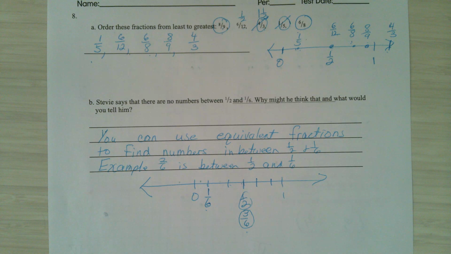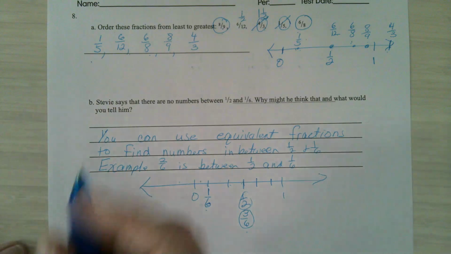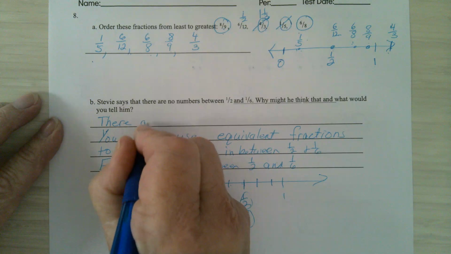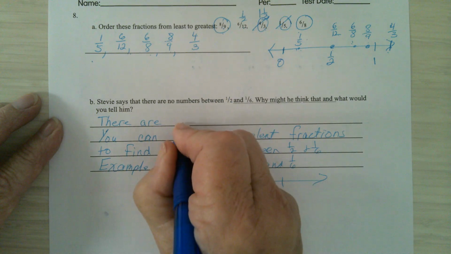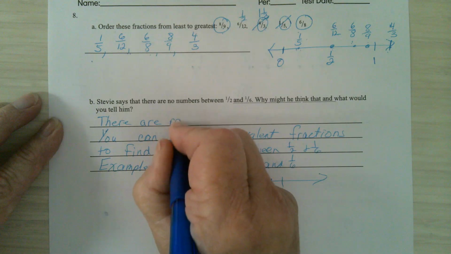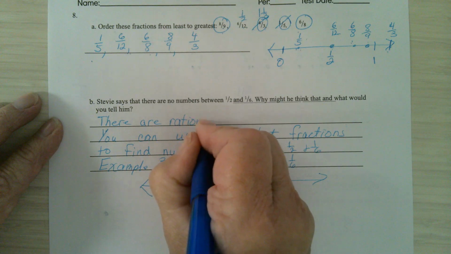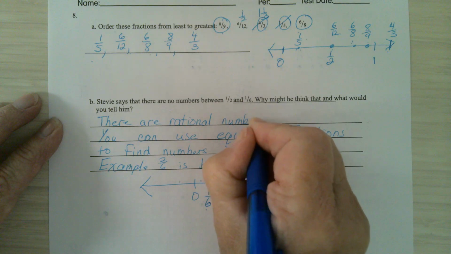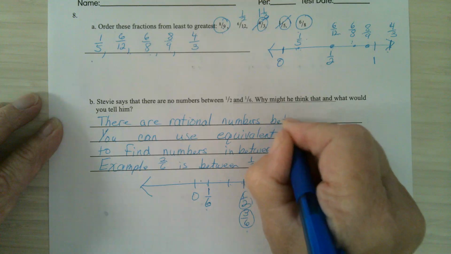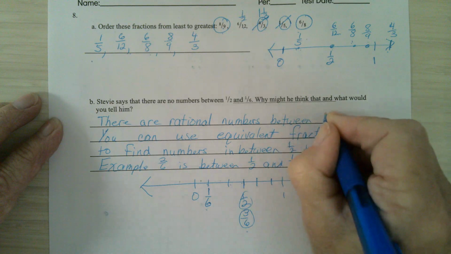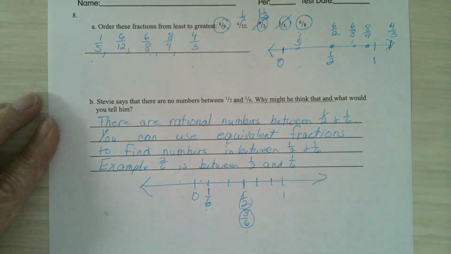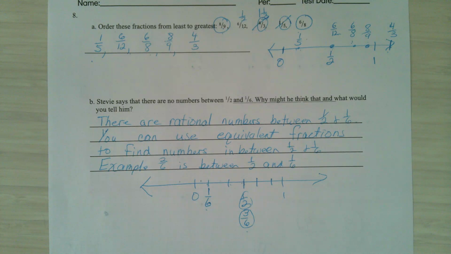All right. Why might he think that, and what would you tell him? Well, you can tell him there are numbers between. You could even use the words rational numbers between 1/2 and 1/6. So that is what your test is going to look like, kids.